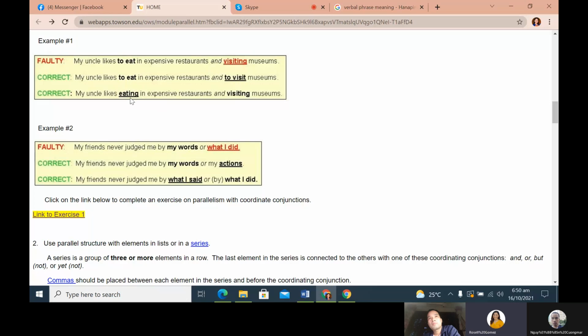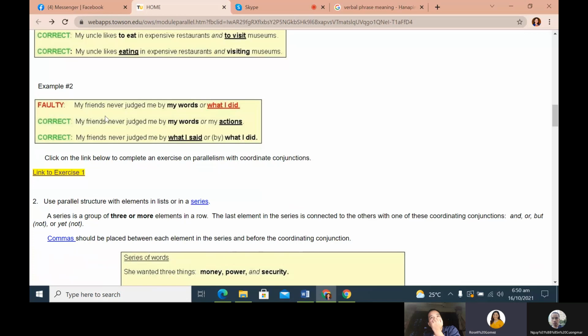If you are using a prepositional phrase, then use prepositional phrases all throughout the sentence. Do not use a prepositional phrase in the first part and then suddenly use an infinitive verb. No. Always make sure to use similar construction in making up sentences to make them correct. Do you still have questions before we go to another example?